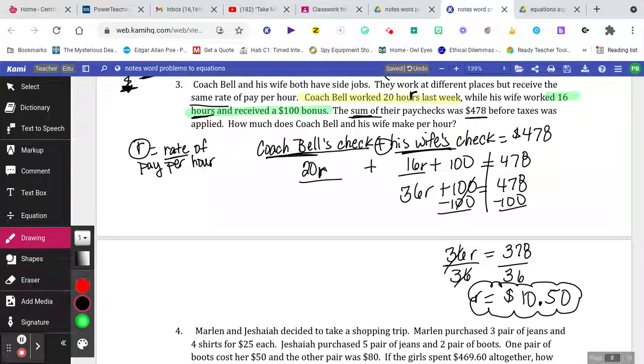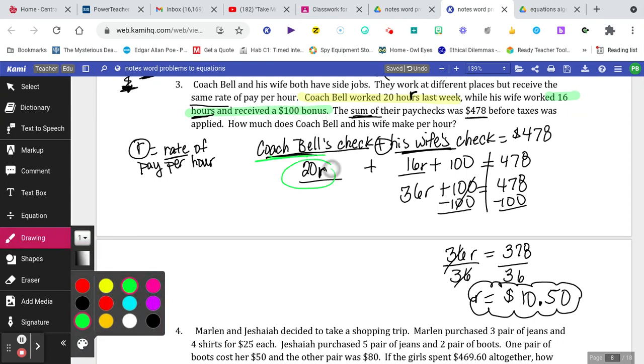Just keep in mind that Coach Bell's check was represented by 20R, and his wife's check was represented by 16R plus 100. But you have to add them because the sum of their checks was 478. That's why we set it equal to 478.